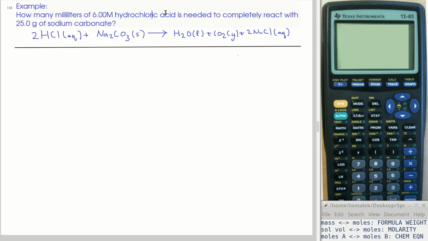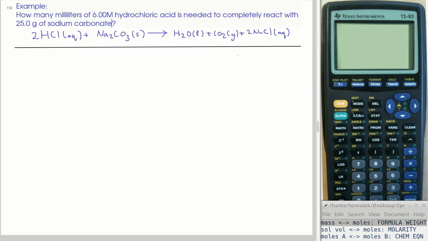So let's continue. How many milliliters of 6 molar hydrochloric acid is needed to completely react with 25 grams of sodium carbonate? Now there's something we might be able to do something with. 25 grams of sodium carbonate. That is a mass, and if we want to convert that to moles, we need a formula weight. The problem doesn't give us the formula weight, but as long as we have access to a periodic table, we can calculate it.